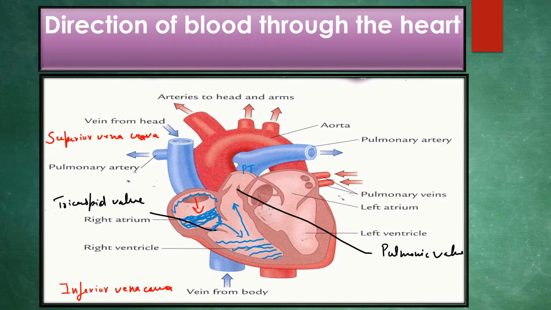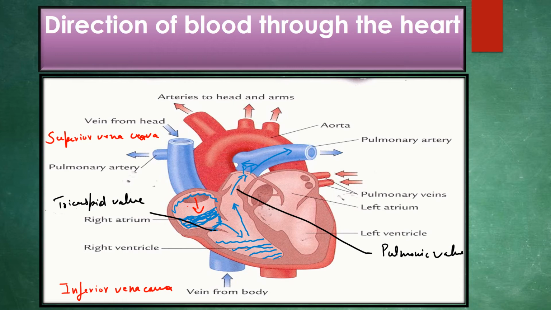Due to the increased intraventricular pressure, the right ventricular pressure, all the blood present in the right ventricle goes through the pulmonary valve to the pulmonary trunk. From the pulmonary trunk it goes to the pulmonary arteries, the right pulmonary artery and the left pulmonary artery.